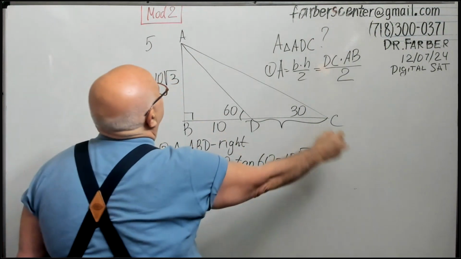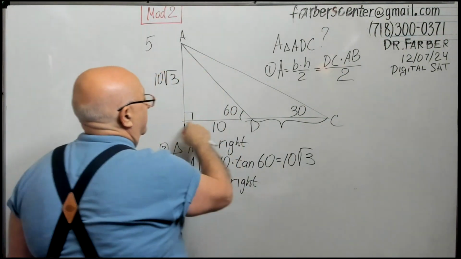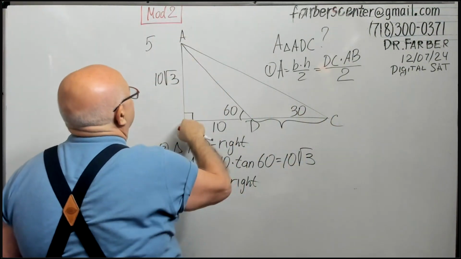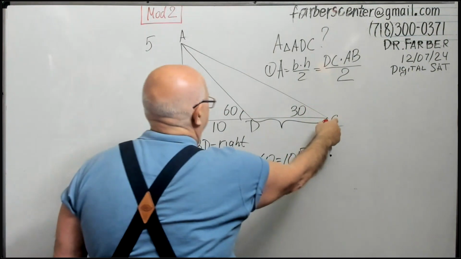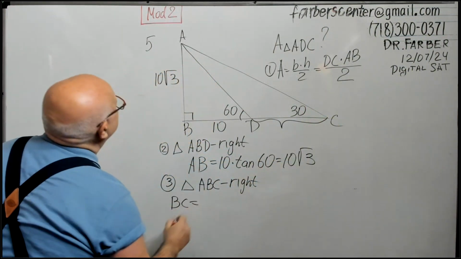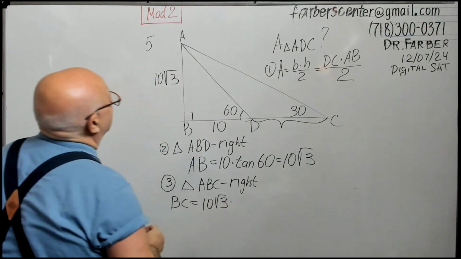You see this big one. And I can easily find this leg. If this is 10 square root of 3, BC equals 10 square root of 3 multiplied by cotangent.